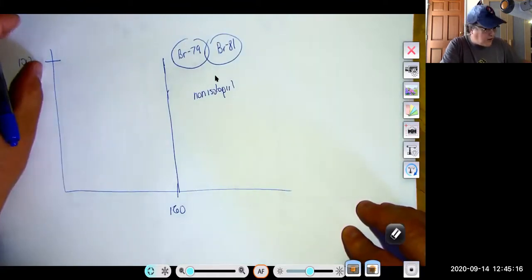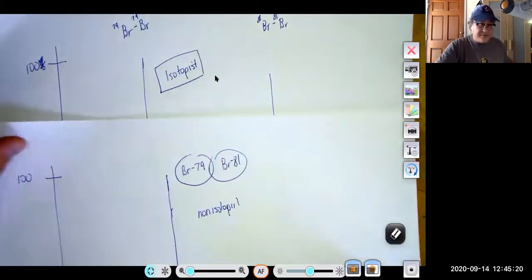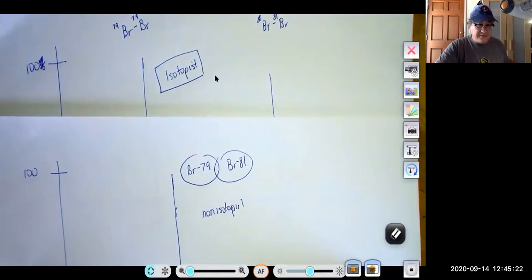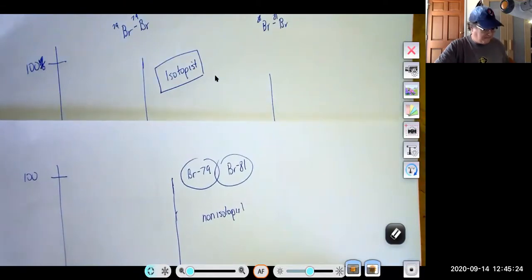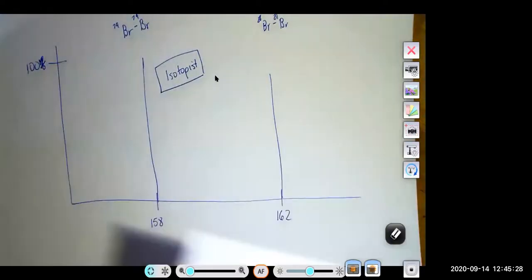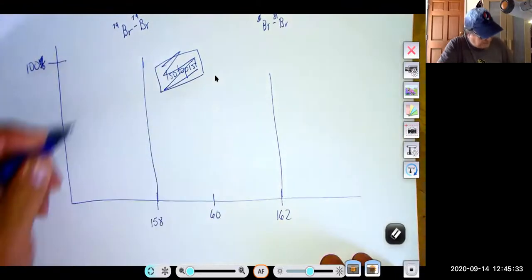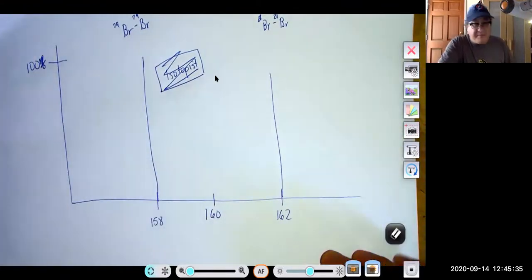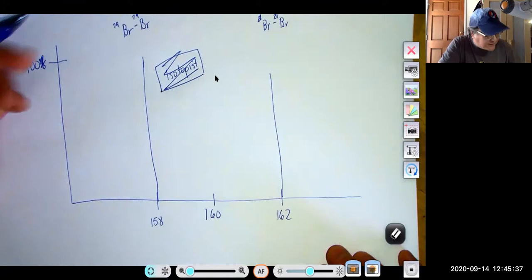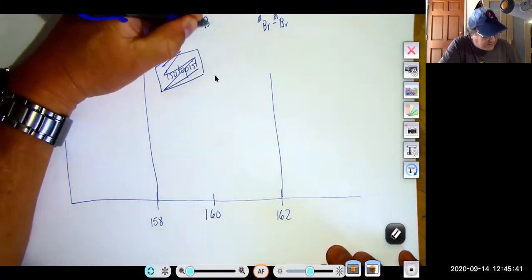So these are two hypotheses. Is there a middle ground between these two? What do you think? You could add the third one in there. You could have all three on your same chart. You could add the third one in there, and that would be 160, right? Yes. And how big would that peak be? Since it's made out of a 79 and an 81.